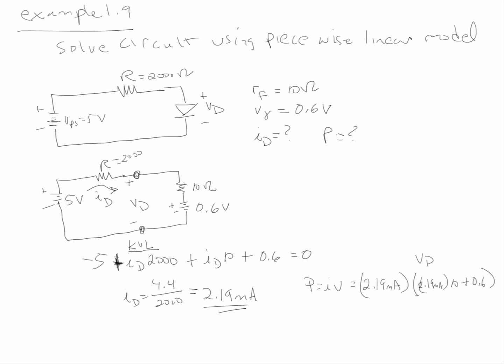That's the voltage drop across this resistor plus the 0.6 volts, which equals the VD out there. And so we get power equal to 1.36 milliwatts. So that concludes this section of the book.